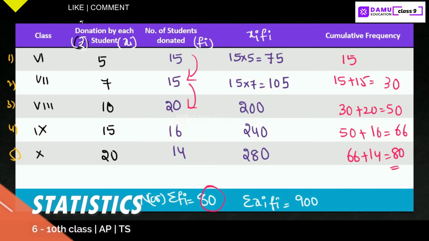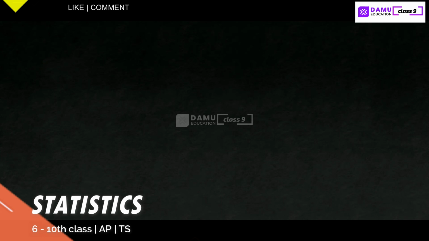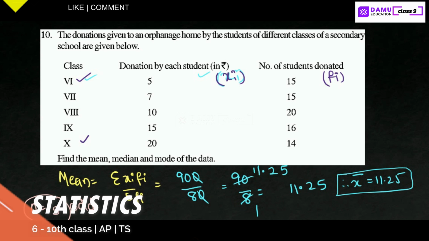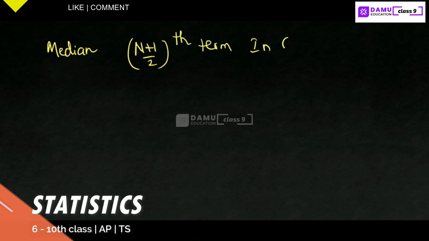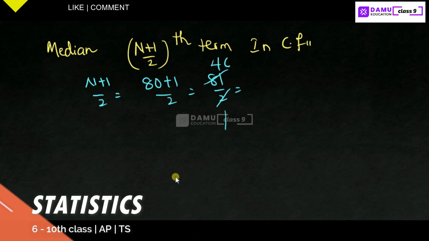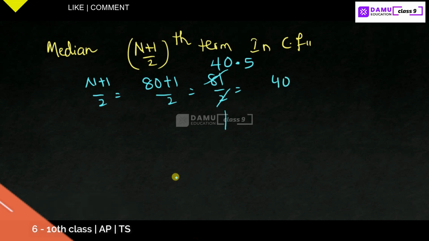Now, how to calculate the median? For an odd number of observations, the median is the (N plus 1) by 2 term in the cumulative frequency, and based on that we are going to check. So N plus 1 by 2, what is that? N is equal to 80 here. So 80 plus 1 by 2 is 81 by 2, so 40.5.